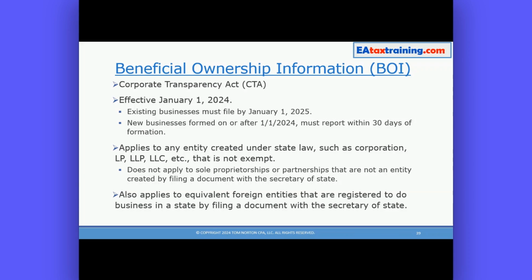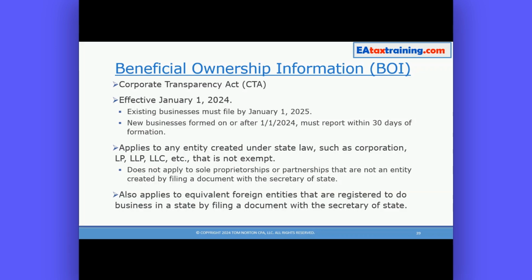So you may notice that the big exception that is absent from this list is just a sole proprietorship or partnership that has not filed one of those entities. So if you have a sole proprietorship and you never went and filed an LLC or a corporation, then you do not have to worry about this BOI reporting.